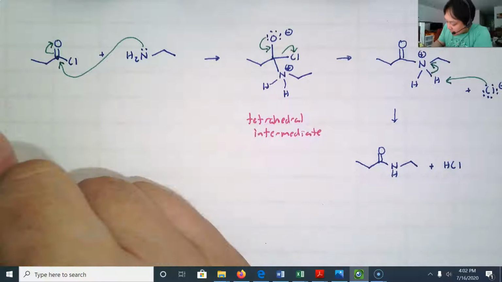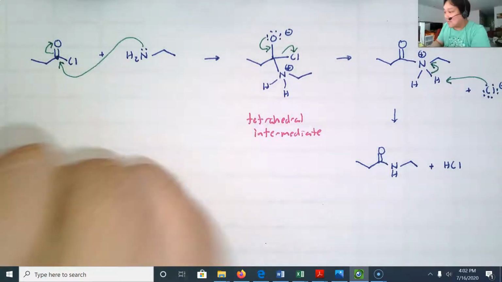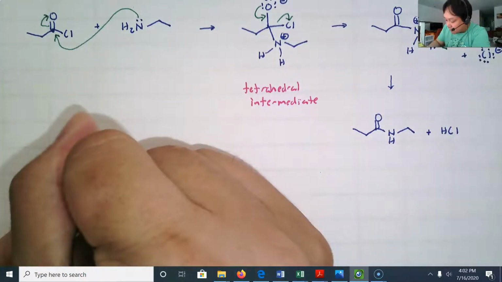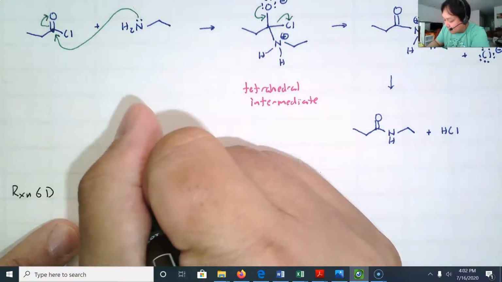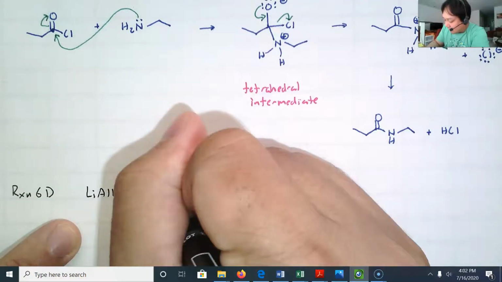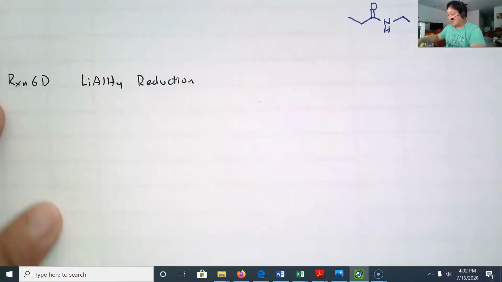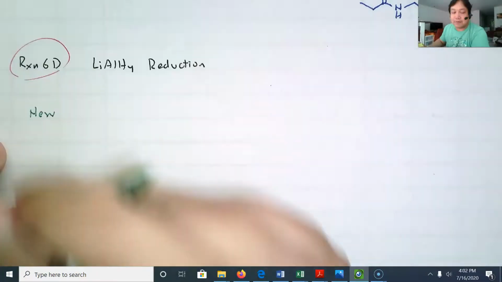The next is reaction D. And it's going to be reductions, and we're going to use a reducing agent that we've seen before, LiAlH4. We've seen it before, so let us review real quickly what LiAlH4 has done for us in the past.